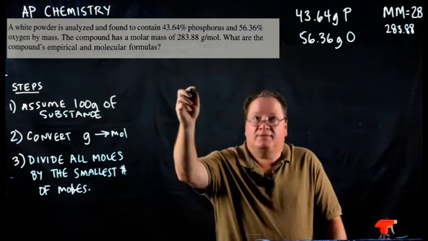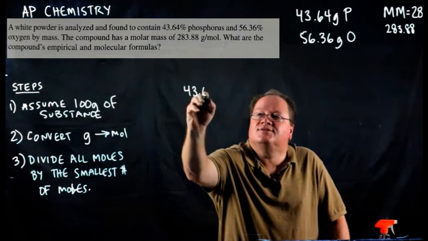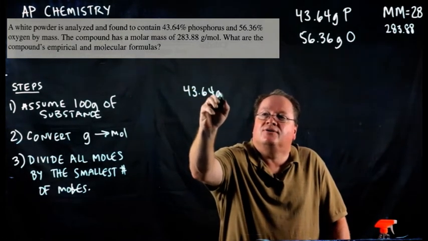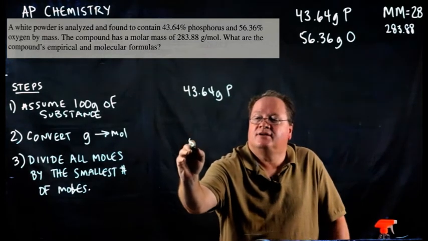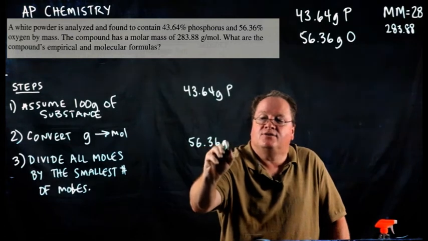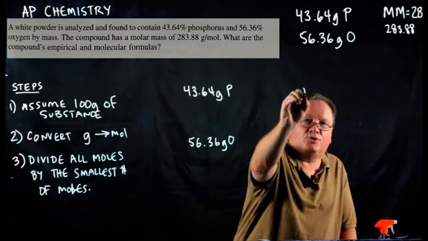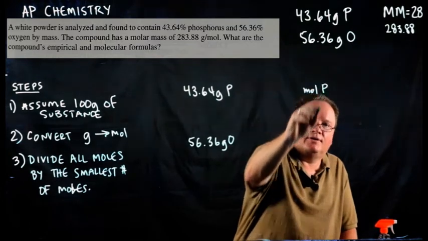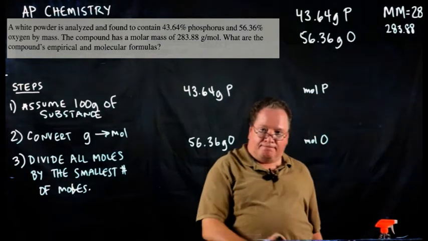Okay? So we're going to say that we have 43.64 grams phosphorus. We're going to say that we have 56.36 grams oxygen. We want both of these converted into moles. All right.